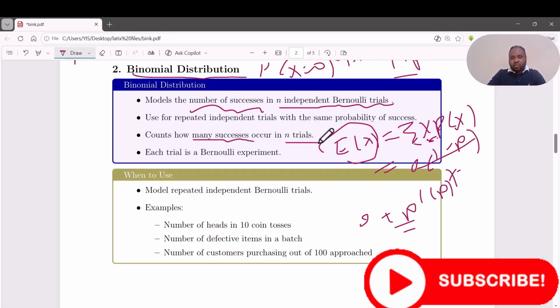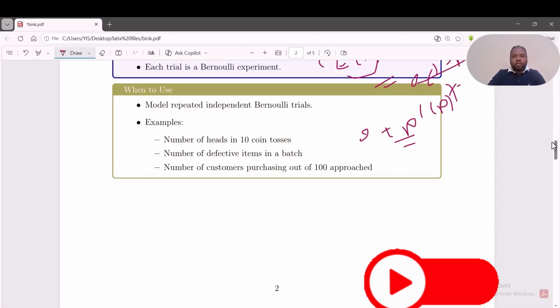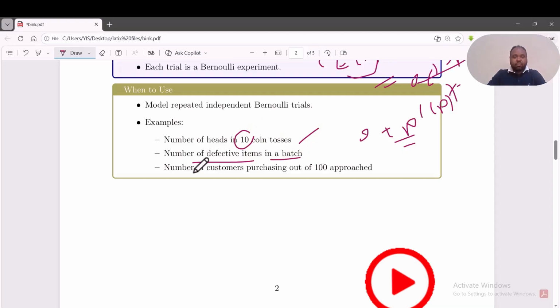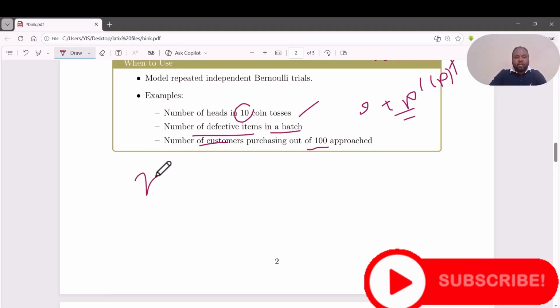The assumption in binomial distributions is the same probability of success in each trial, and each trial is independent. Examples that can be modeled are the number of heads in 10 coin tosses, the number of defective items in a batch, and the number of customers purchasing out of 100 approached. So for binomial, n should be greater than 1.